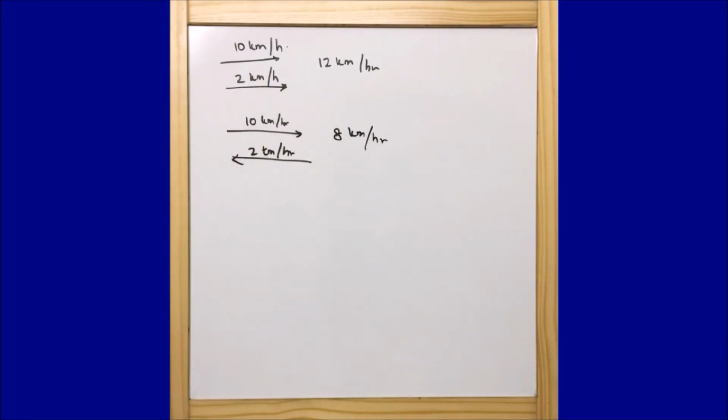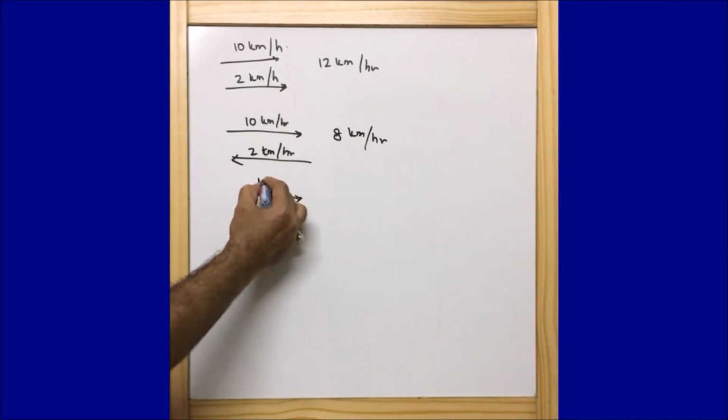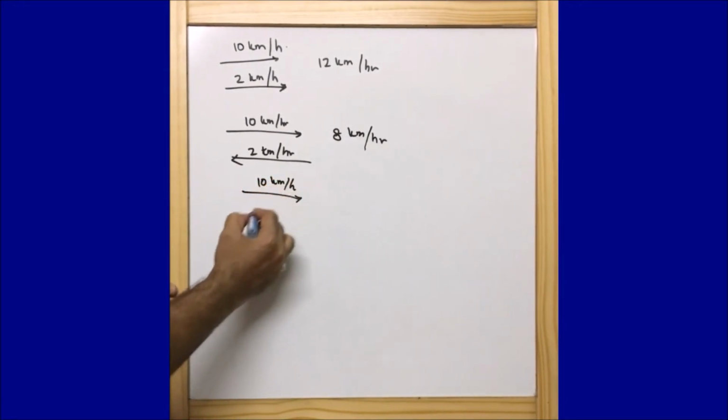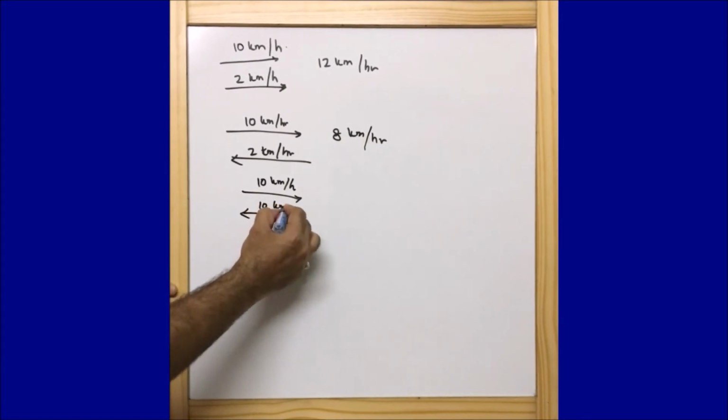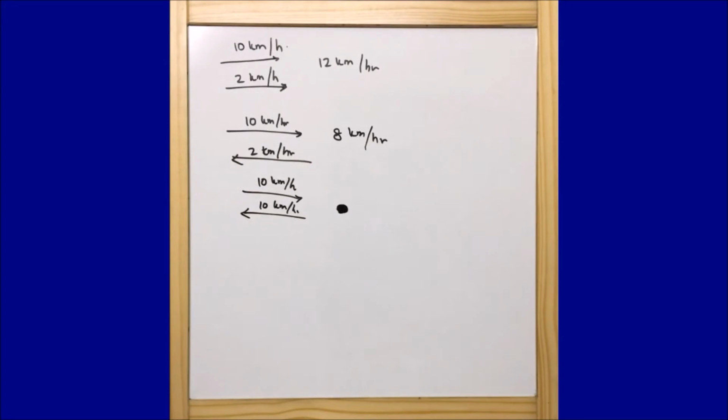Now what will happen if the speed of the boat is 10 km per hour and the speed of the stream is 10 km per hour? What do you think? The boat will not move. The boat will stand still there. If the speed of the stream and the speed of the boat are the same, the boat will not move from its original place.